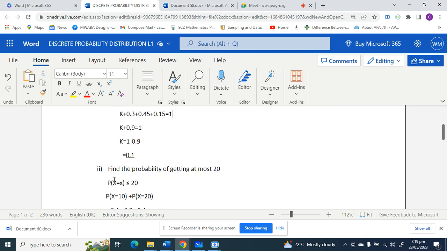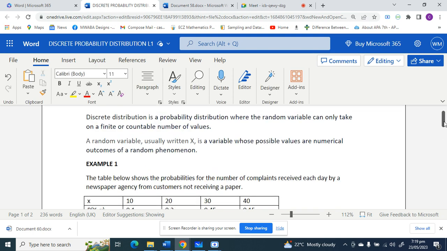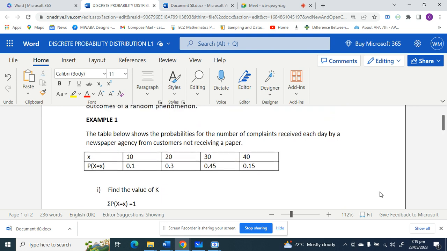The next question is find the probability of getting at most 20 complaints. So you come to your table. When we say at most, it means 20 is the maximum number. So we'll look for any probabilities below 20.